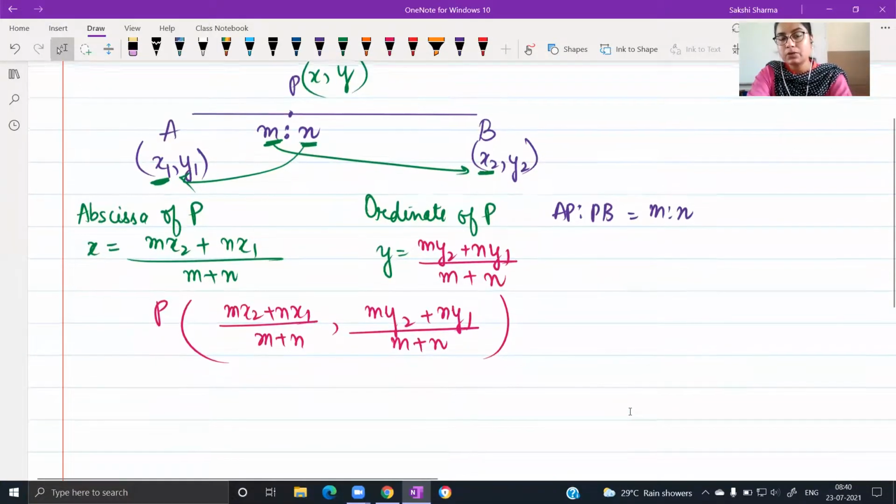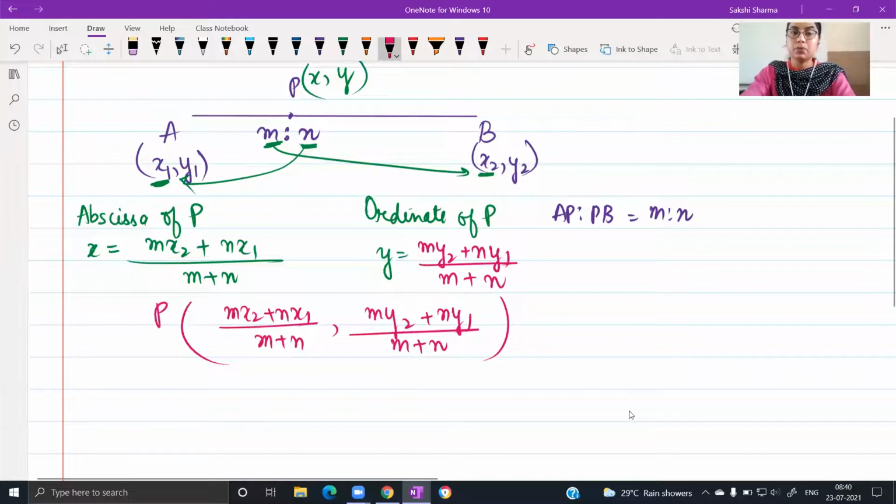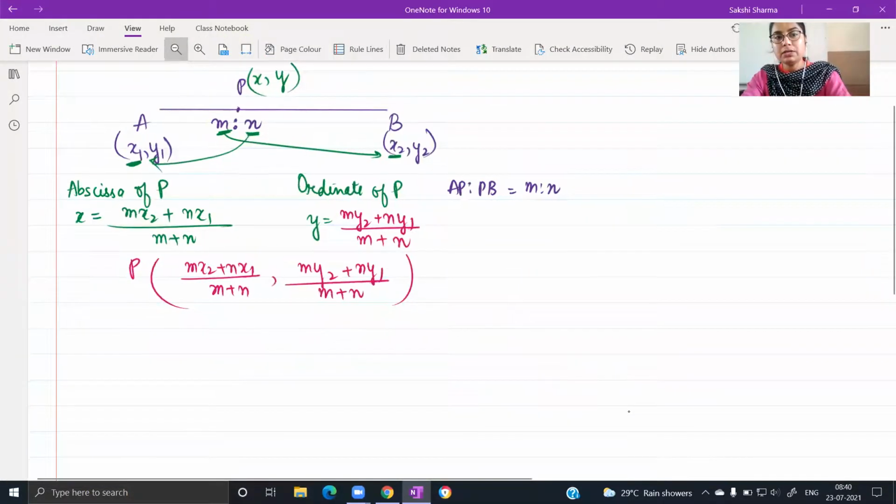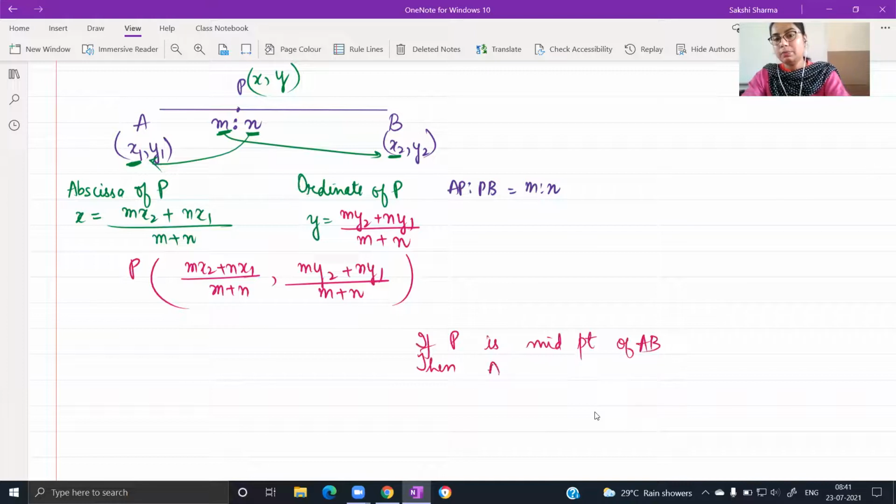Consider the same scenario if the point P were the midpoint. अगर P point midpoint होता, what would be the ratio of AP to PB? 1:1. If P were the midpoint, then AP is to PB will be 1:1.